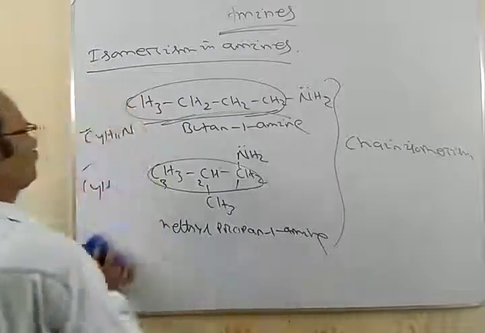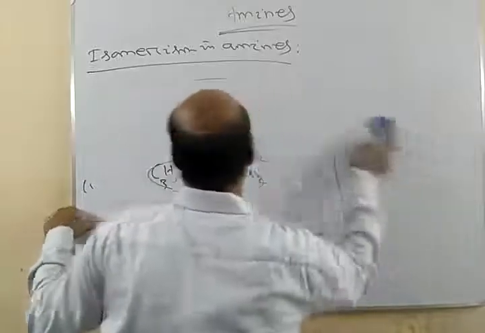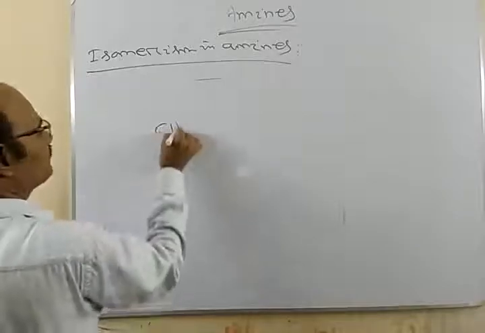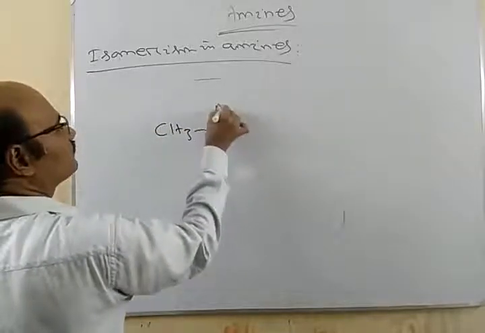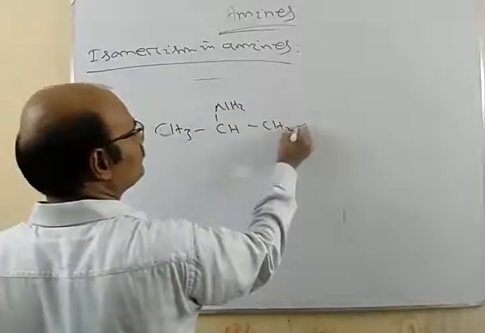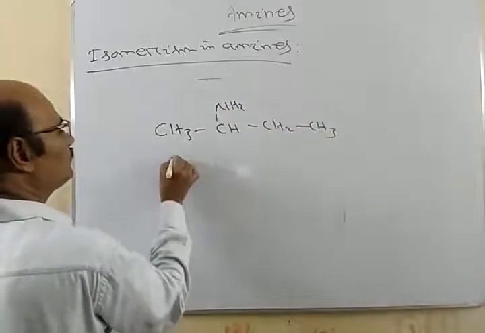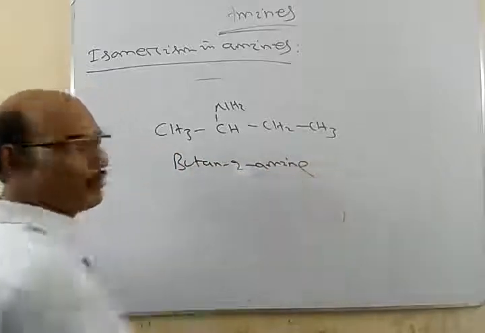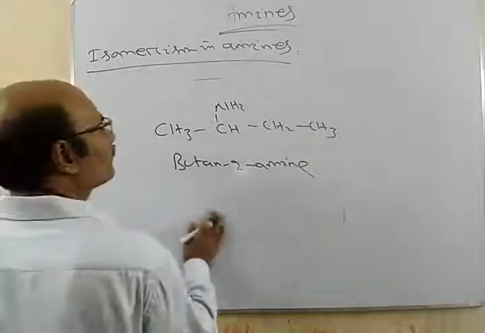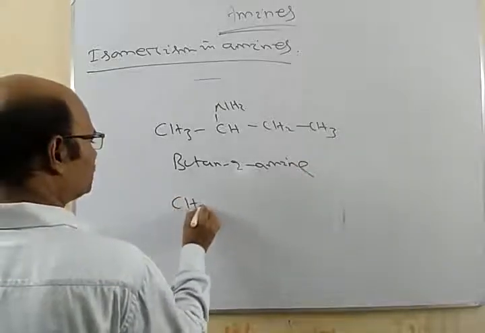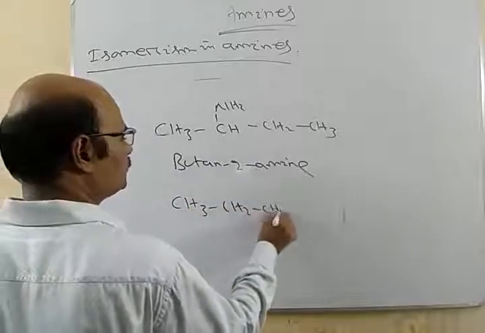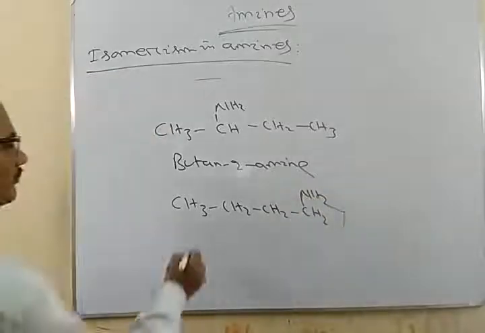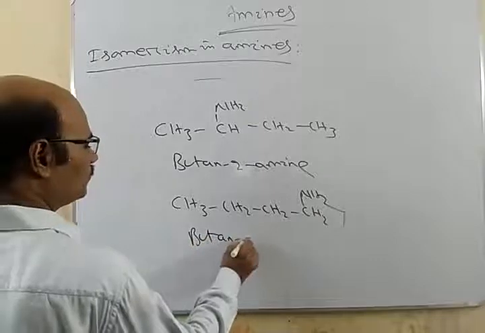Similarly, if I go for CH3CH(NH2)CH2CH3, that is butan-2-amine. And CH3CH2CH2CH2NH2 is butan-1-amine.